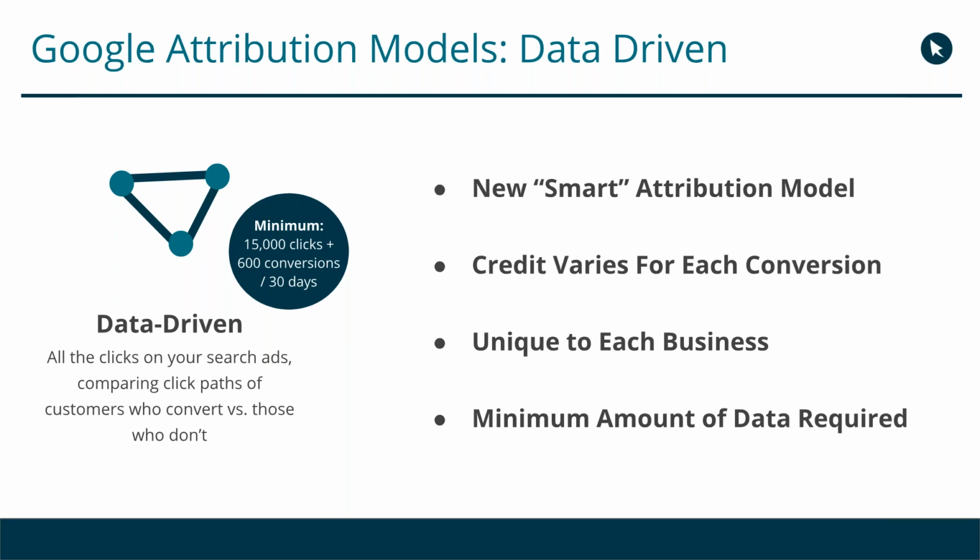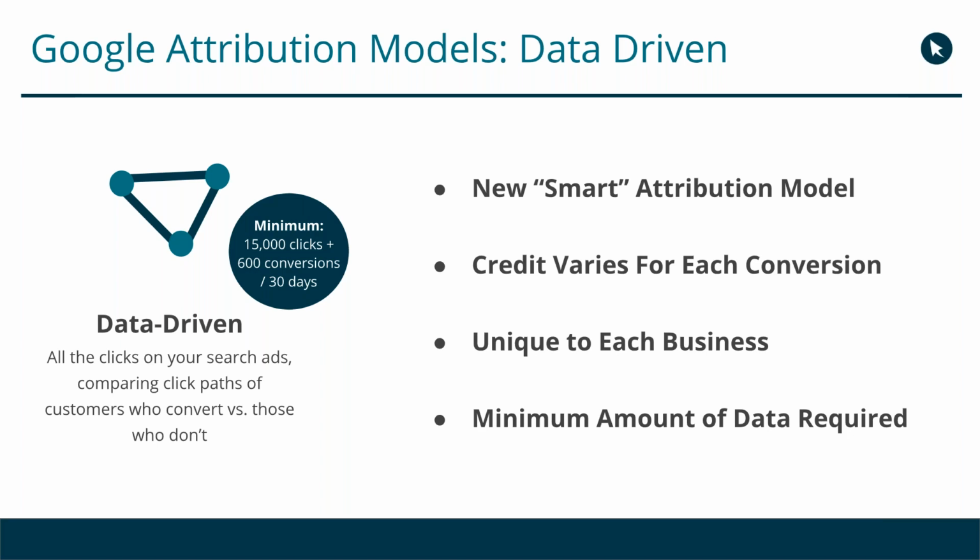For example, if you have 10 conversions in a week, some of your campaigns might say 1.4 conversions or 3.6 conversions, because every conversion that happens is divvied up among all the campaigns that contributed to it. So if someone clicked on a shopping ad and then later clicked on a text ad and then converted, that might be 0.8 conversions for the shopping ad and 0.2 conversions for the text ad. That's how it works.